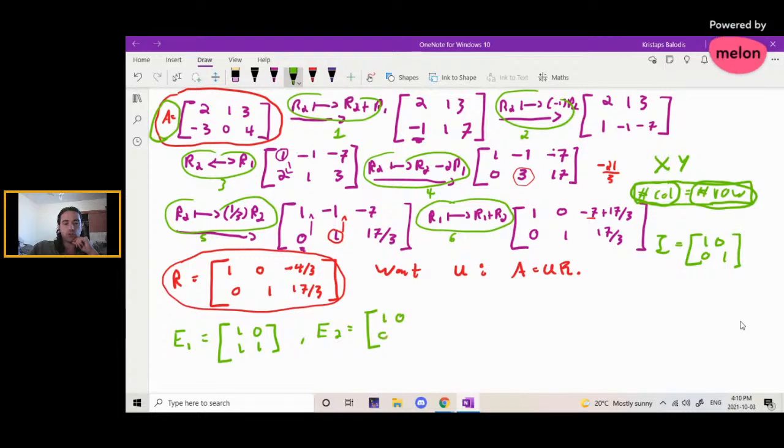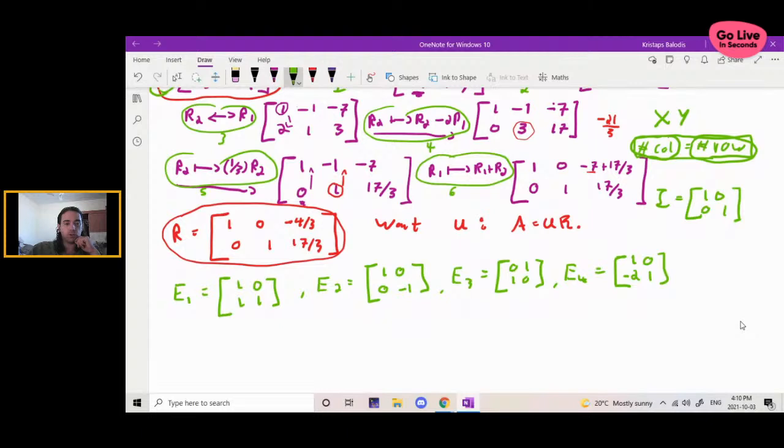So this is 1, 0, 0, -1. E3 is simply the matrix obtained by swapping row 1 and row 2. E4 is the matrix obtained by subtracting 2 times row 1 from row 2. So this will be -2, 1, 1, 0.